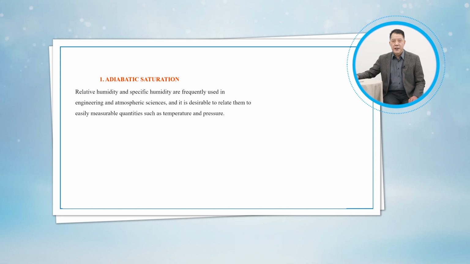Relative humidity and specific humidity are frequently used in engineering and atmospheric sciences, and it is desirable to relate them to easily measurable quantities such as temperature and pressure.